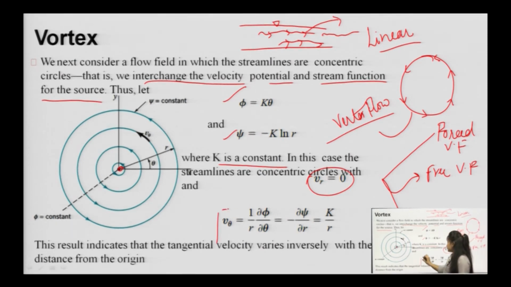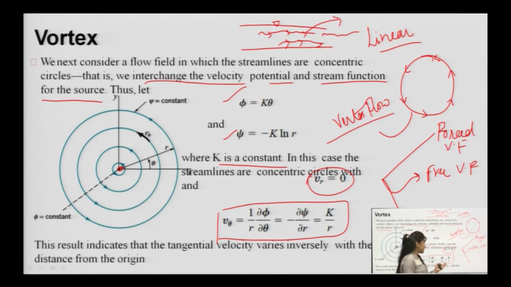For the other equation in polar coordinates, the tangential velocity can be calculated with the help of the ratio k by r, where k is a constant and r is the radius of these concentric circles, and hence you can draw n number of concentric circles with those parameters. The result represents that the tangential velocity is inversely proportional to the radius or distance from the origin.